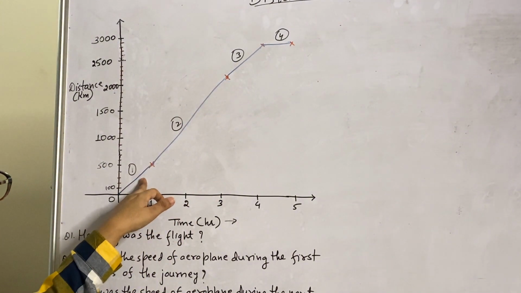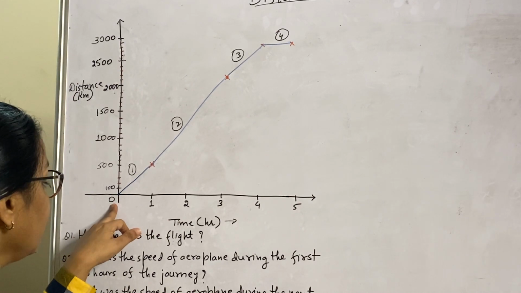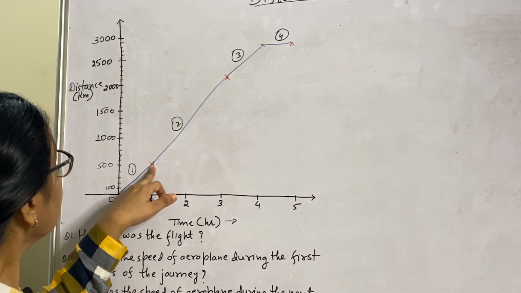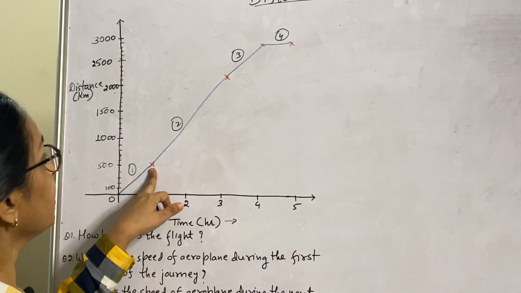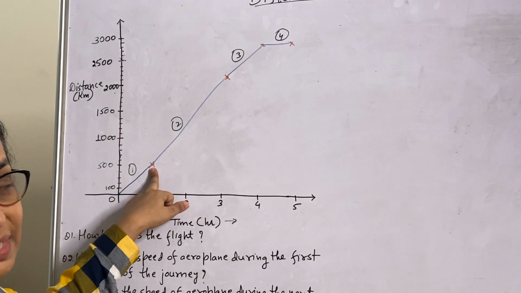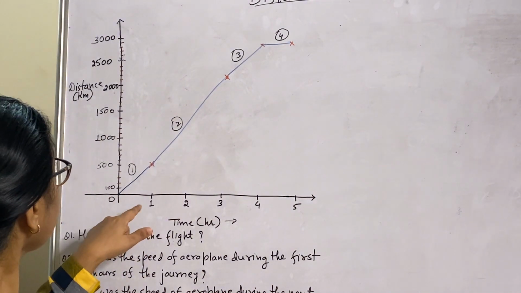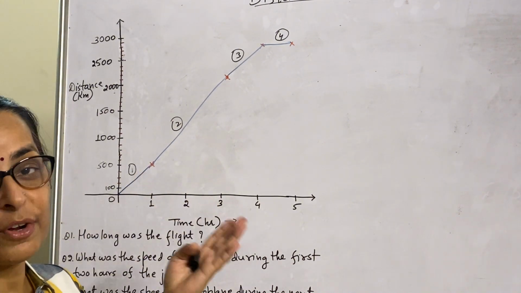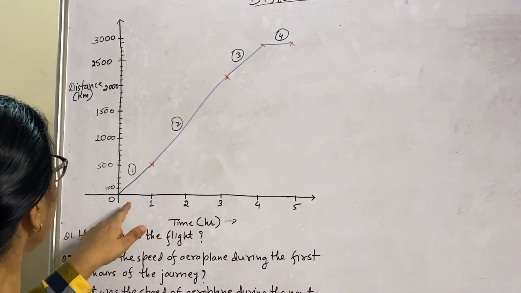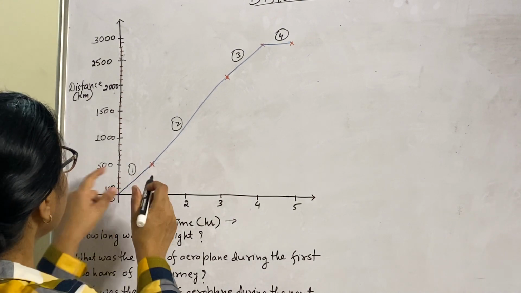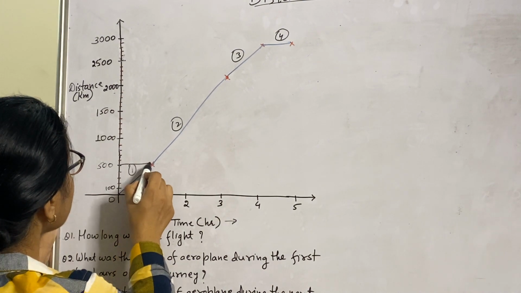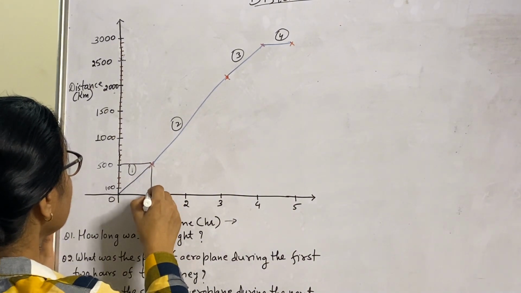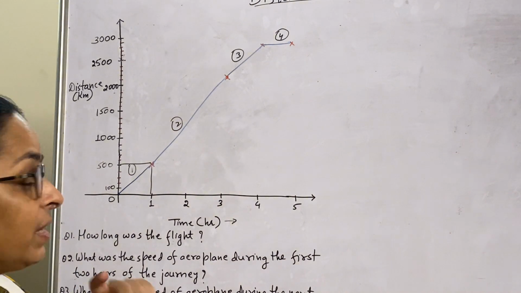In the first section we start at 0 time, and after 1 hour the aeroplane, this is the graph for the journey covered by an aeroplane because distances are in kilometers. In 1 hour an aeroplane can take us 500 kilometers. So in 1 hour the aeroplane has covered 500 kilometers distance, right? This is the distance covered by the aeroplane in 1 hour.